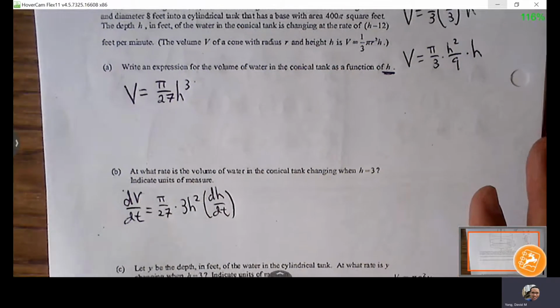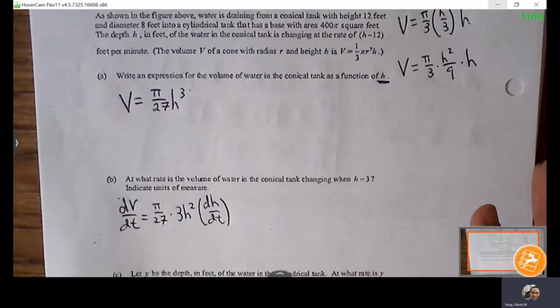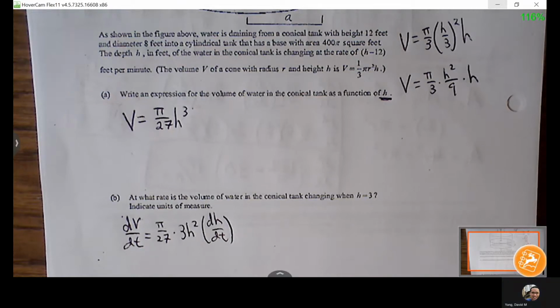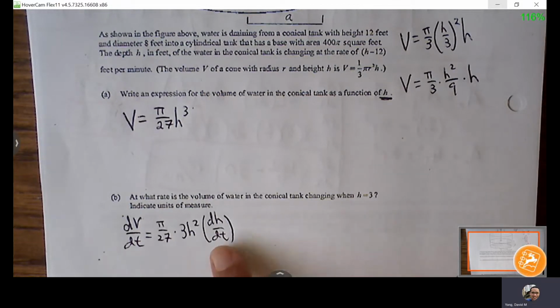Is there anything else in the problem where they tell us about maybe dh/dt that we could use? What do you guys see? You see anywhere in the problem where they're maybe giving us information about dh/dt?